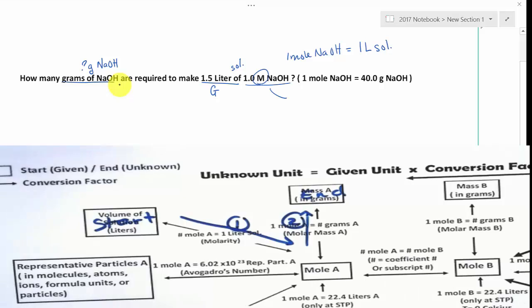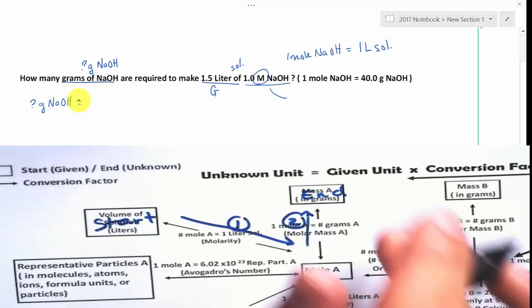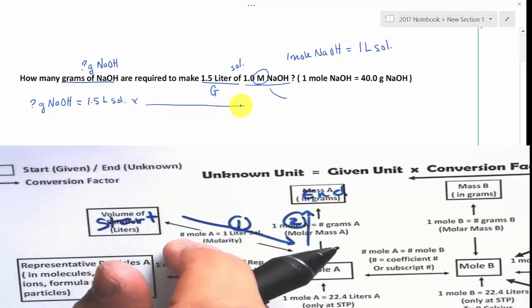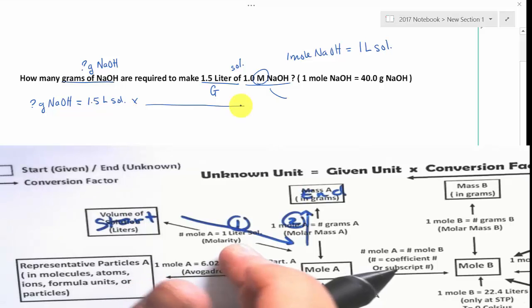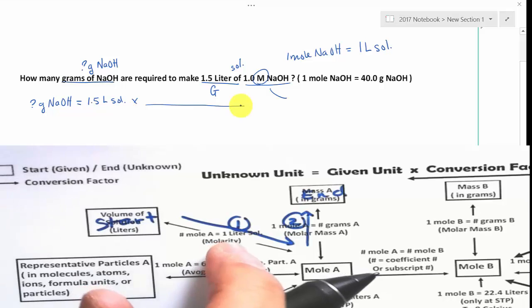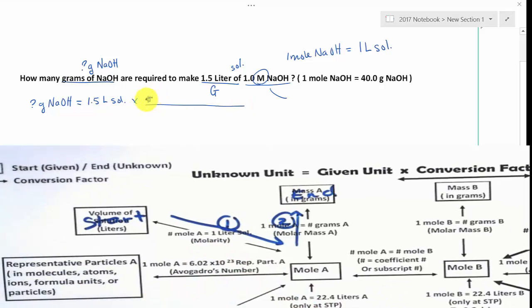So let's write this in terms of that format right there. What are we looking for? Question mark gram of NaOH equal to the given, which in this case is 1.5 liter of solution, times the first conversion factor, which is the number of mole A equal to 1 liter of solution.